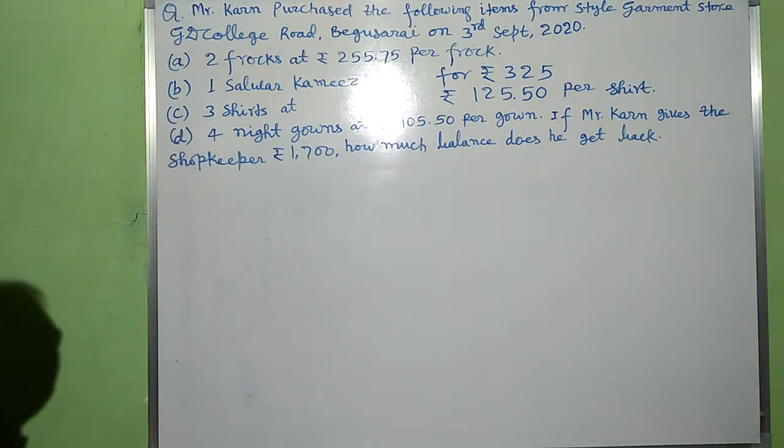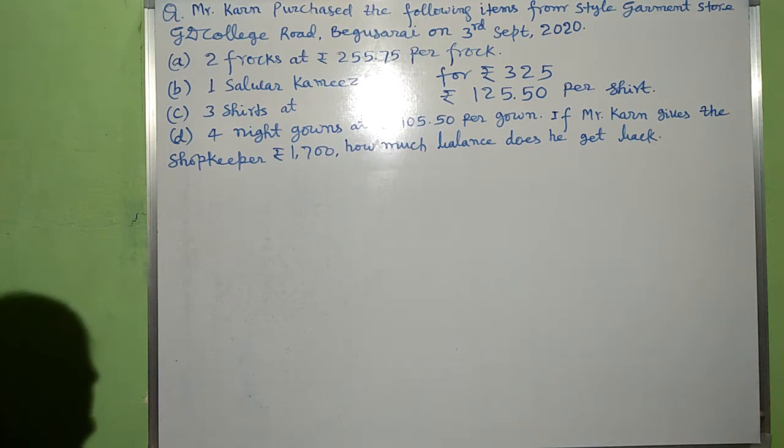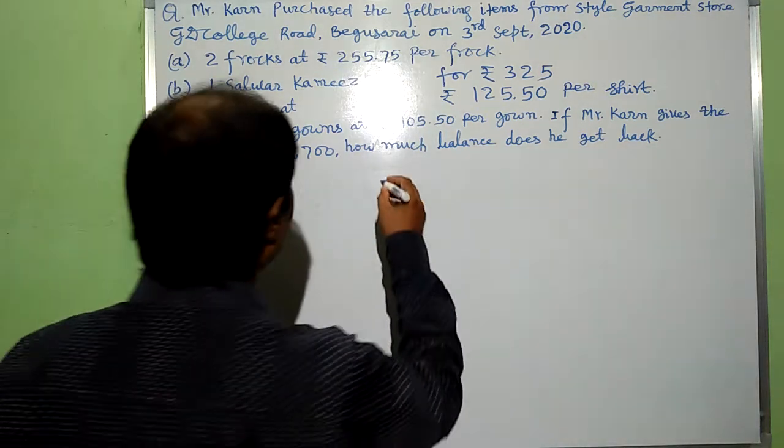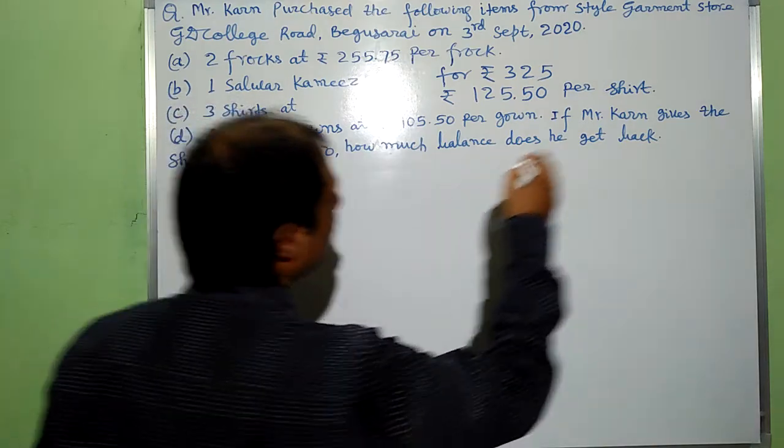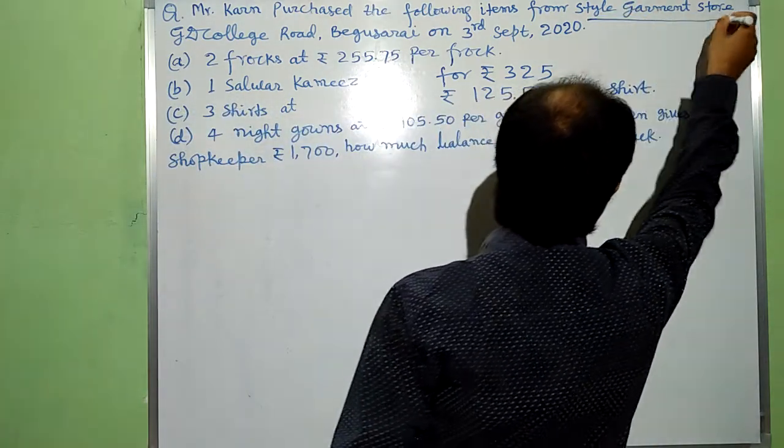Mr. Karna purchased the following items from Style Garment Store, GT College Road, Begusarai on 3rd September 2020. First of all, we have to write the address like this: Style Garment Store.